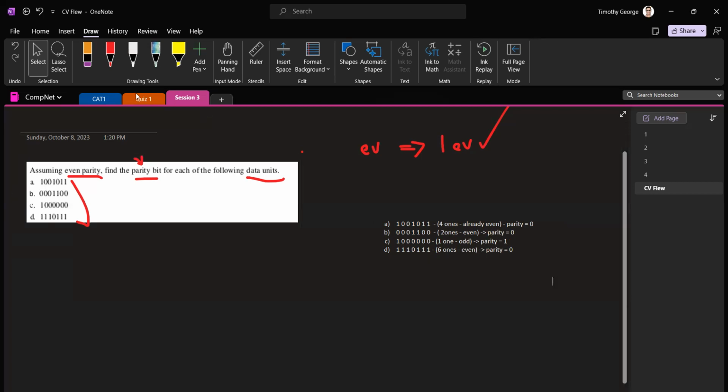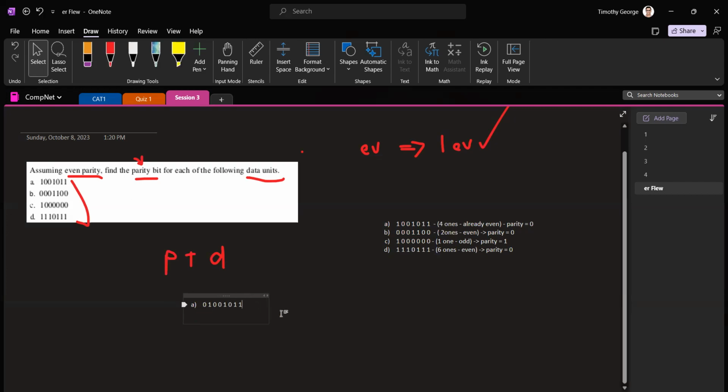Okay. So how it is done in the network is, you would append the parity bit. So you'd have the parity bit, and then you'd have the normal data. Your final answer for something like this would be the parity bit, so for example the first one would be 0, and then you just write everything after it, the data, as it is.